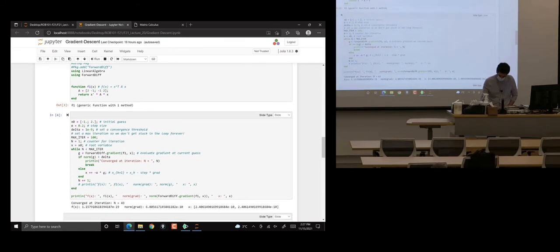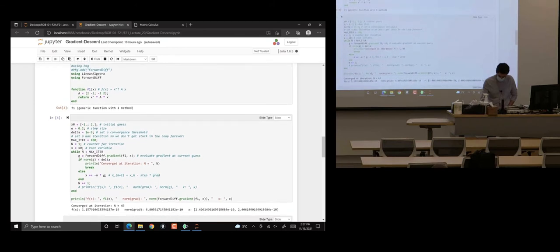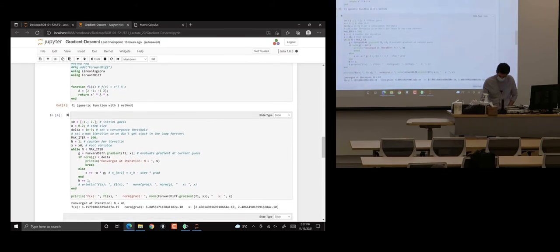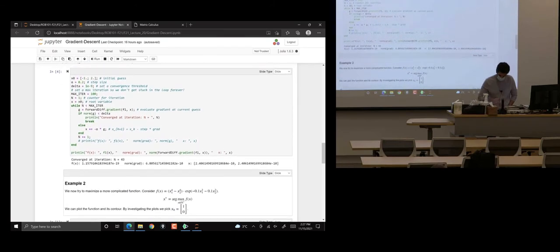And the next block is the gradient descent algorithm. So I'm defining my initial guess, then I'm defining the step size alpha. Here it is 0.2. I'm using a convergence threshold as before, delta. My maximum iteration is 100.